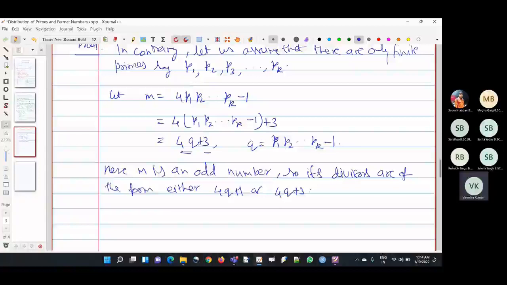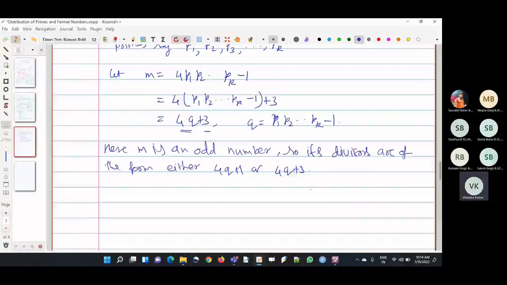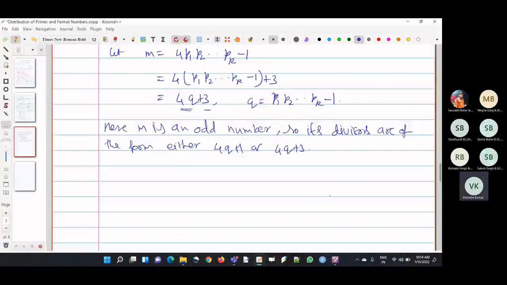Are you getting? Because m is odd, its divisor will be odd, of this form, either 4q plus 1 or 4q plus 3.